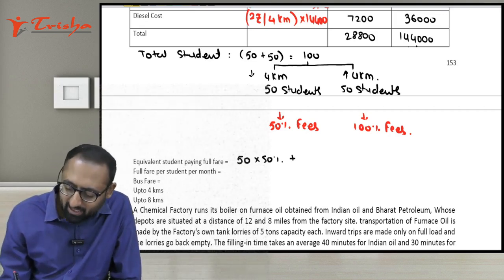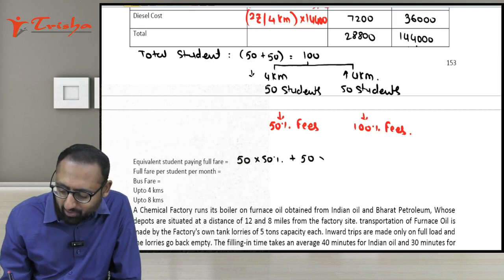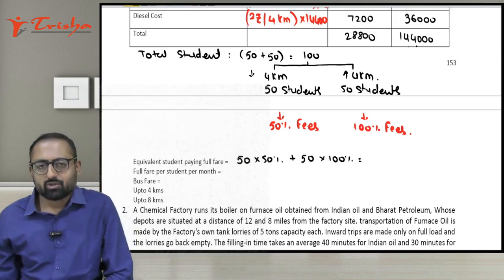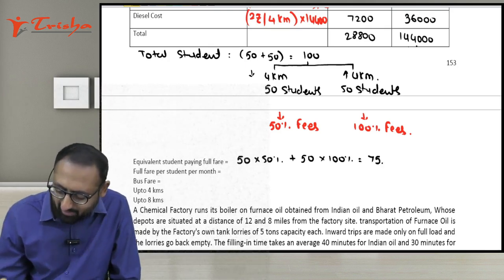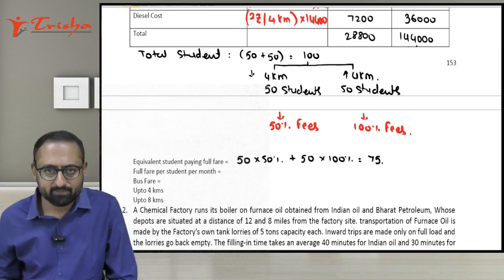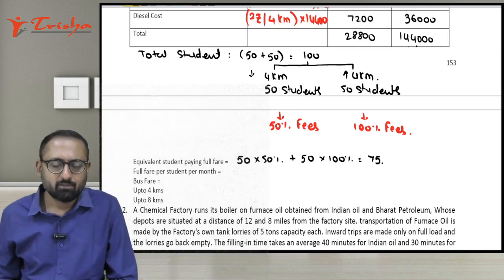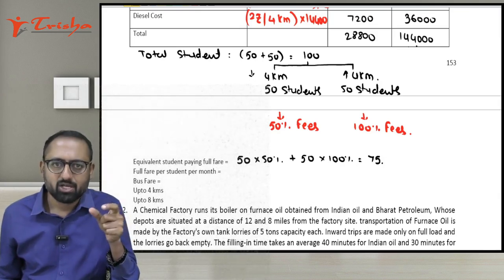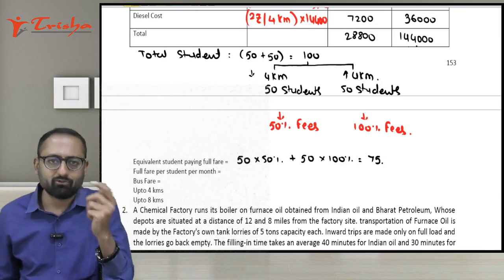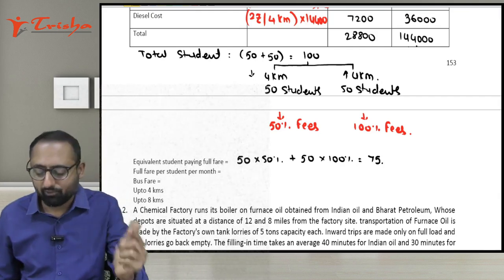Plus there are the remaining 50 students multiplied by the 100% fare we are charging. So in all, an equivalent of 75 students are paying full fees. Equivalent, guys, because the 50 students coming within 4 kilometers from the school, you are charging half fare. So 50 students paying half fare is equivalent to 25 students paying full fare.